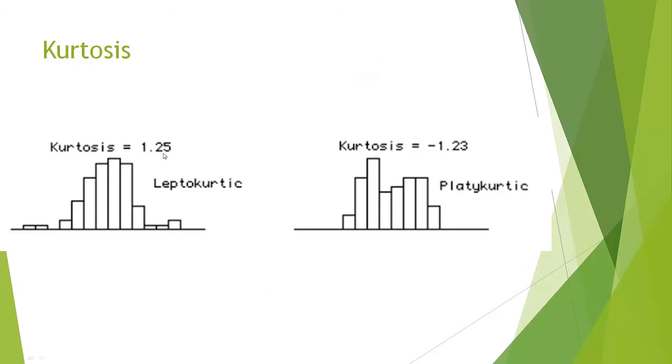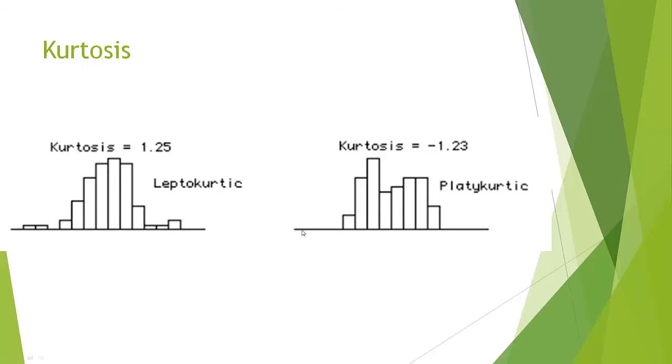So this is an example here, 1.25, this is plus, so you can see it's leptokurtic. You really don't know how peaked it is, but by the measure of the kurtosis, you can say whether it is platykurtic, leptokurtic, or mesokurtic.